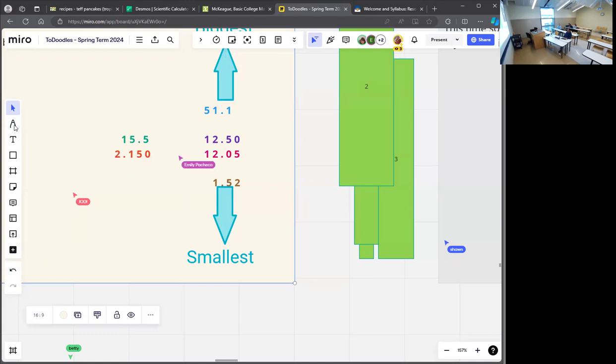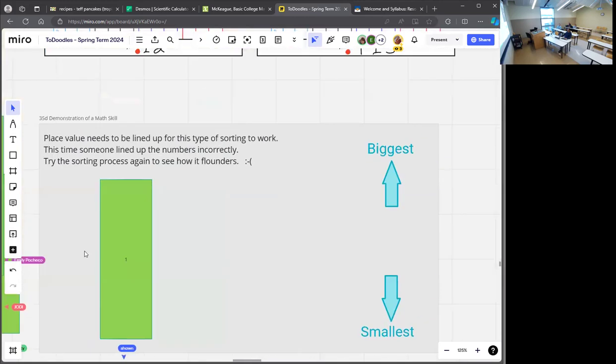Do you see how the $2 looks bigger? Because I'm not lining up the decimal points the right way. When I line them up, then you could say, yeah, $15 is more than $2. Okay, on to the next page.